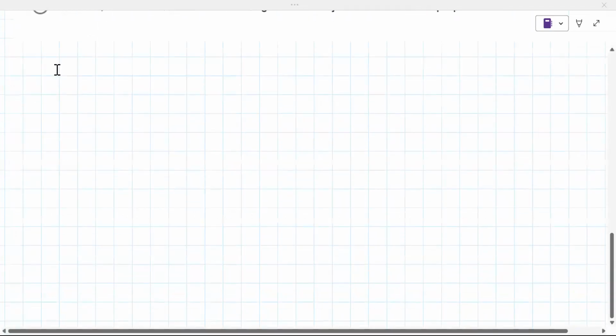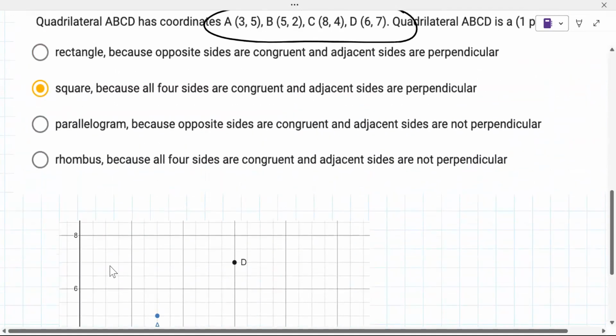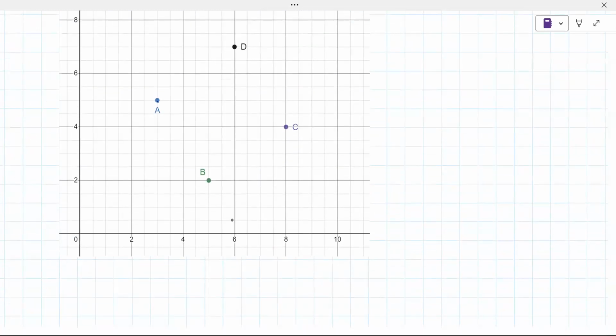All right, well, the way to do this is you have to look at it first through the lens of sides or angles. For example, are all the sides congruent?